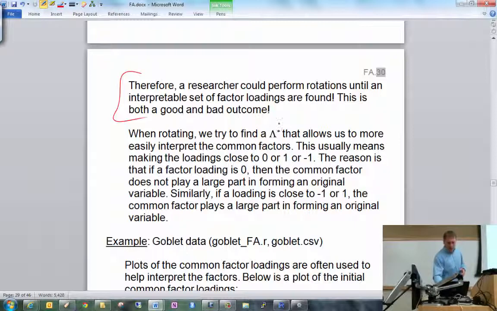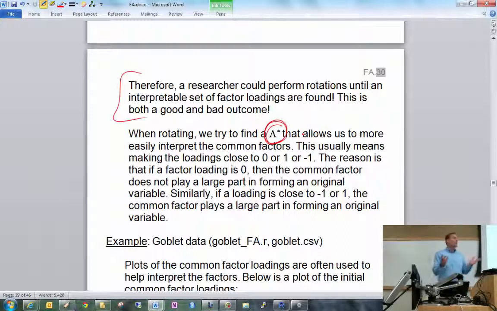The goal, though, is that you want to find a T matrix such that this new factor loading matrix, this lambda star, leads to loadings that are close to 0, close to 1, or close to -1. Why? Well, we've already seen this when we looked at the factor analysis model that we had before, where we had a particular lambda that was close to 0.